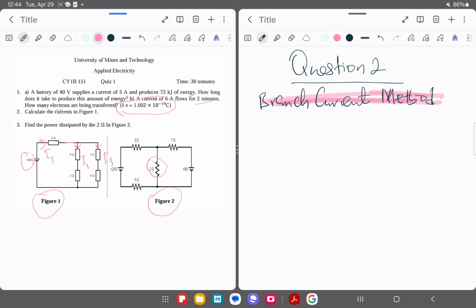Once I've done this, now I can apply Kirchhoff voltage law to each loop, right? So here we can see that we have quite a number of loops. You can see we can have one here. A loop here just means a closed circuit, right? So we can have a closed circuit of this one, which is 1.